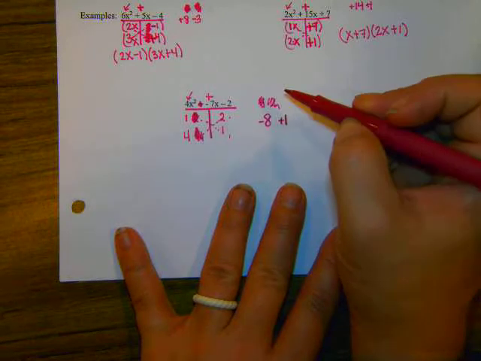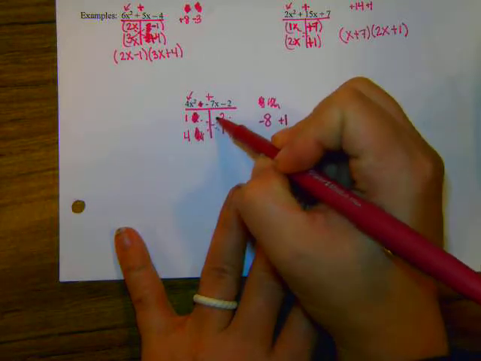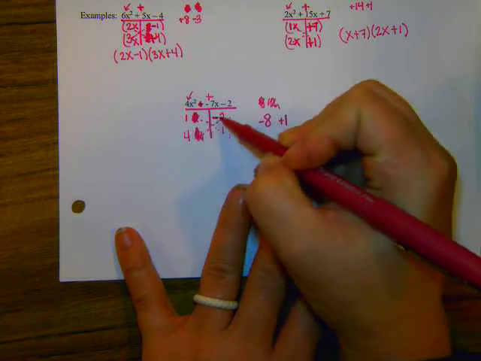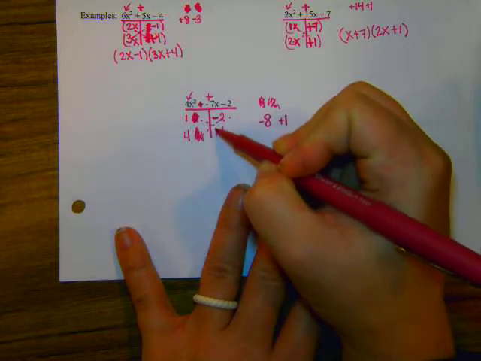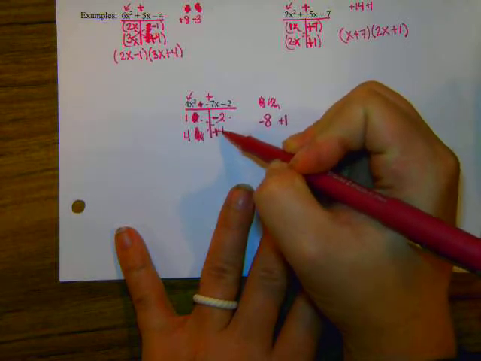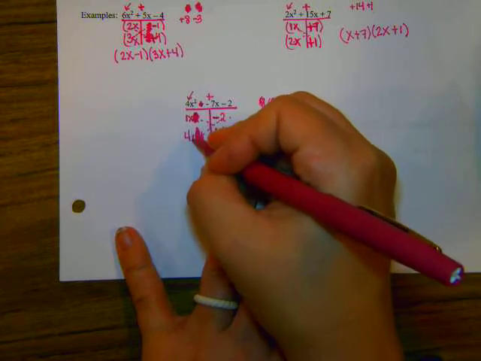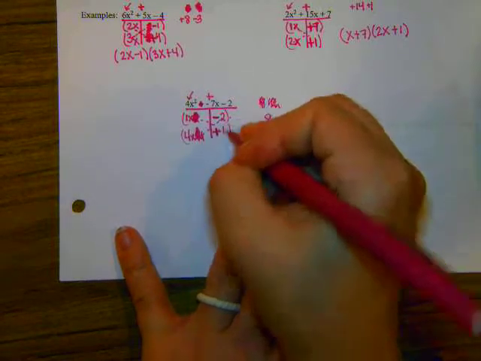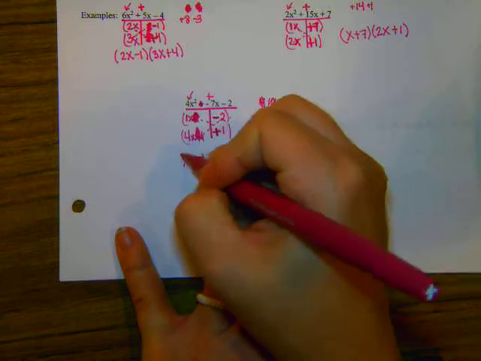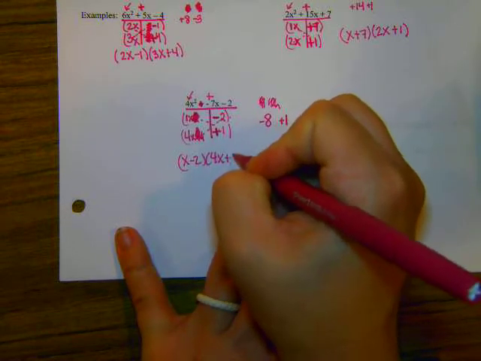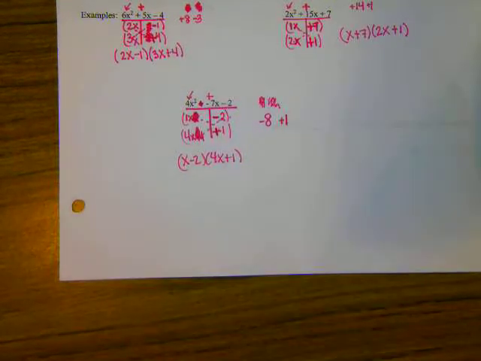So since the 8 has to be negative, you put the minus here because that's how you got the 8. That would make it -8. You put the plus 1 here. The variables always go in the left column. So it's x minus 2 and 4x plus 1. And there you go.